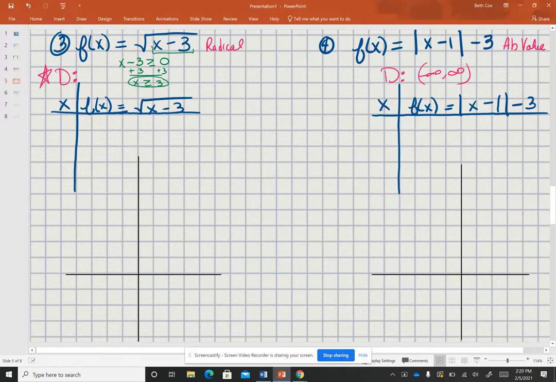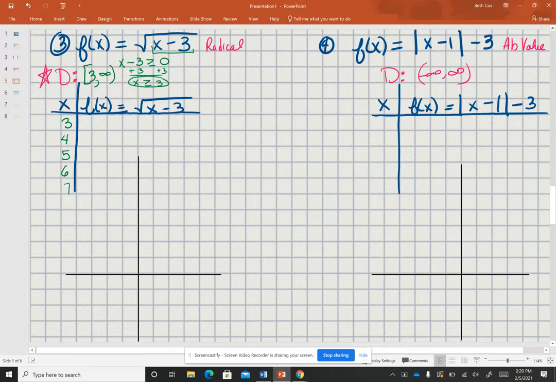So when I start plugging in, I'm going to plug in 3, 4, 5, and maybe even 6. I could do more if I wanted to, but that's what we're going to do. And so my domain would be all numbers that are greater than or equal to 3, so that would be from 3 to positive infinity. Okay, so that's how we're going to do that.